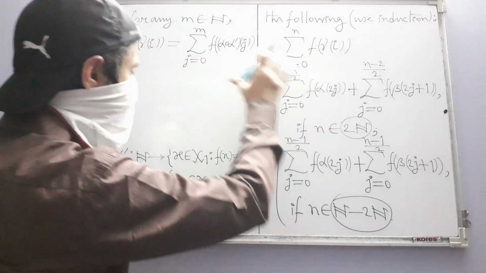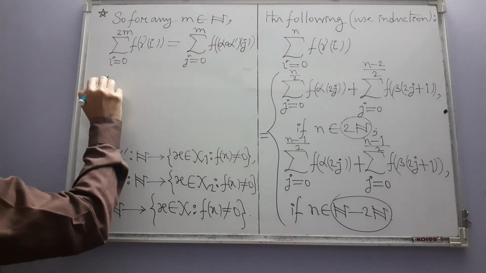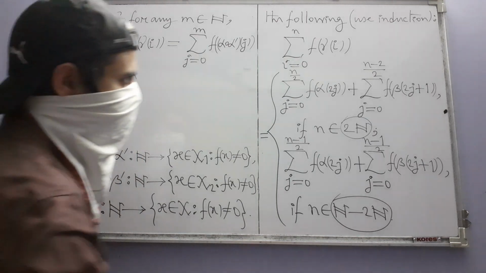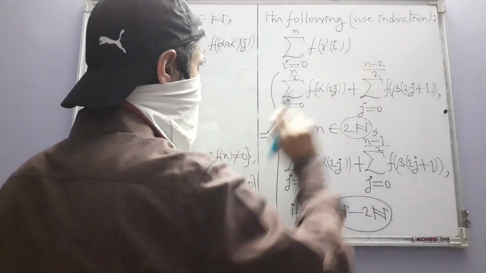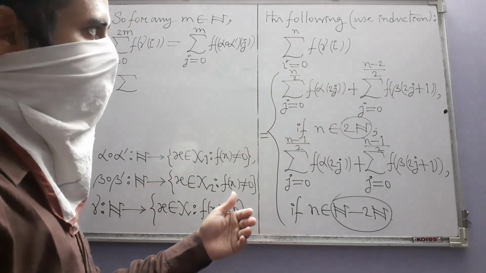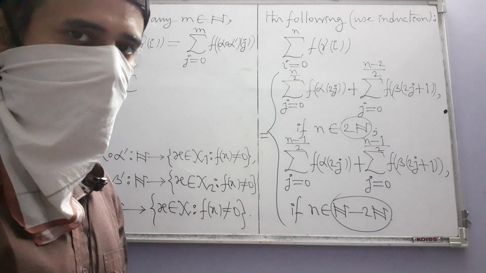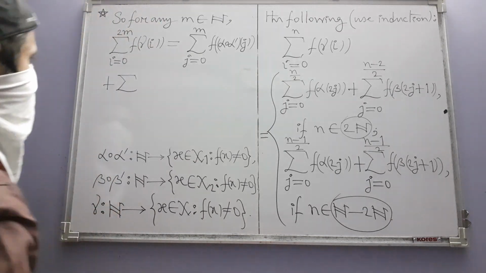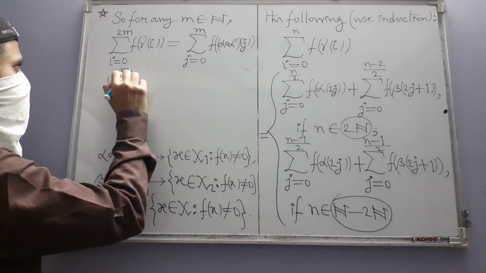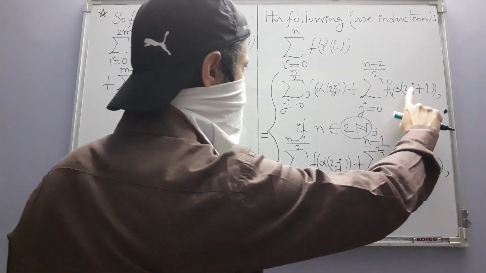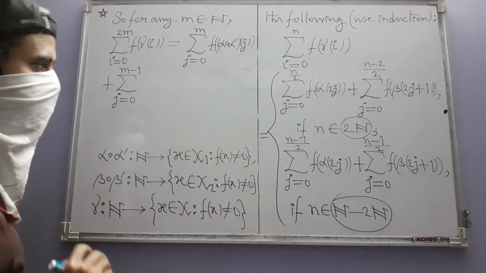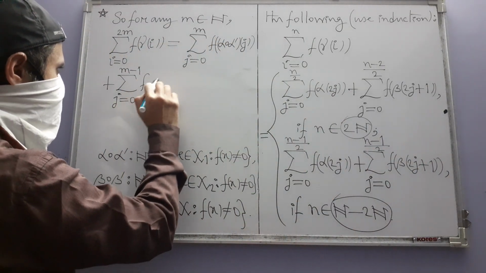So this is just this, plus the same thing we are going to do here. If again in place of n you put 2m, then 2m minus 2 over 2 is m minus 1. And 2j plus 1 is beta prime of j. Compose that with beta, you get this.